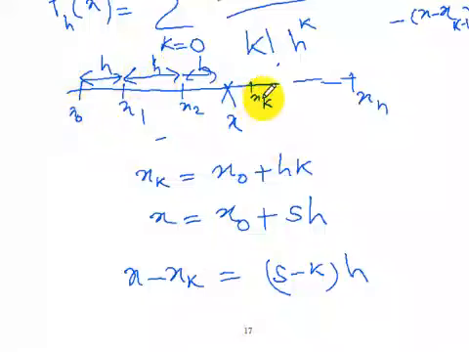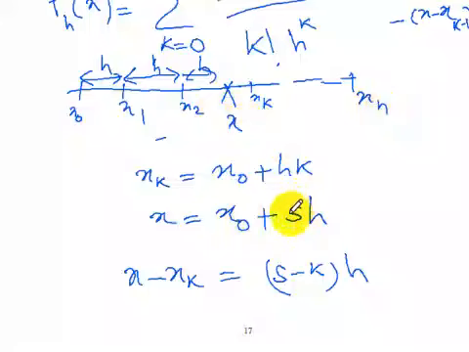If you pick xk, it is equal to x0 plus kh. And let's consider any arbitrary x on this line, a point between x0 and xn. Then x can be written in terms of x0 and h as well.